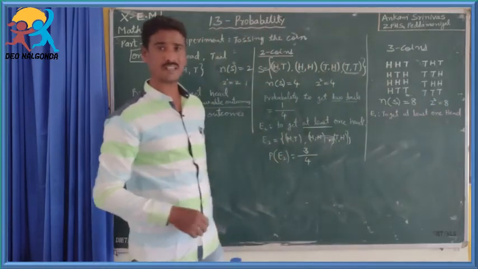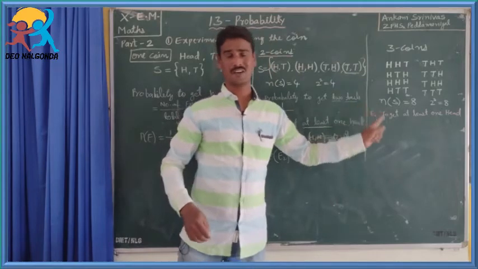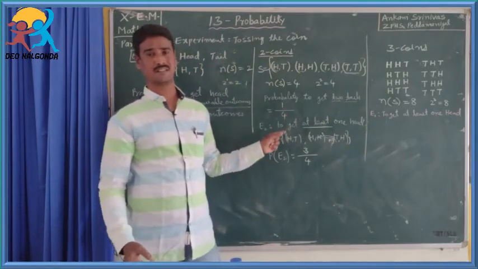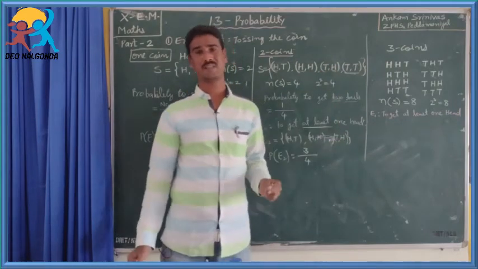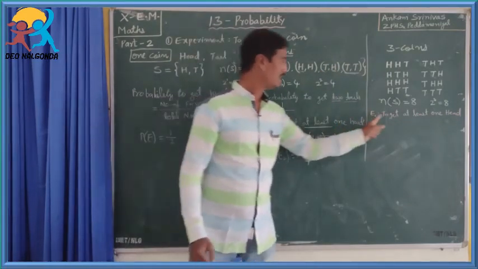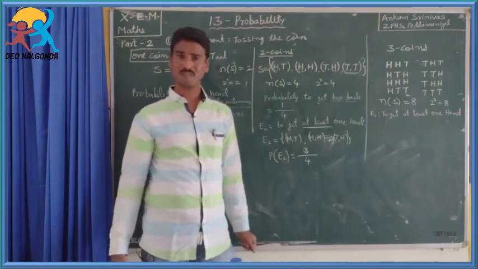What is the experiment? Tossing 3 coins at a time. Now, what is the event? At least one head.